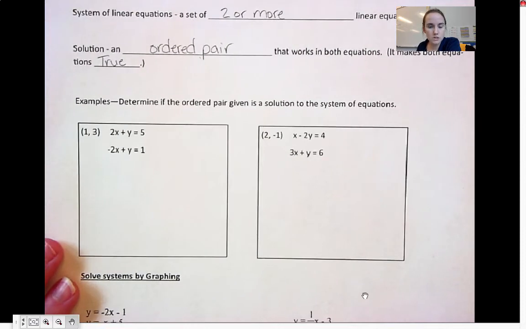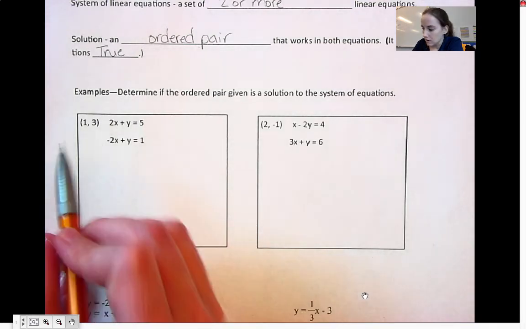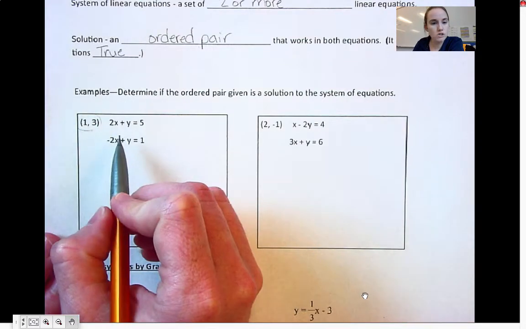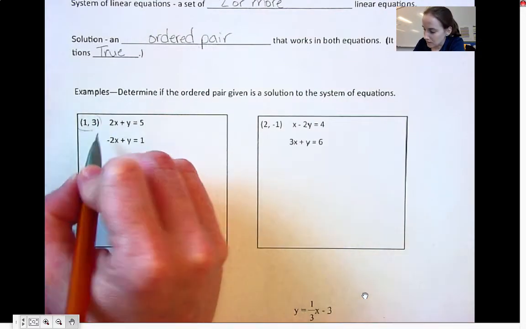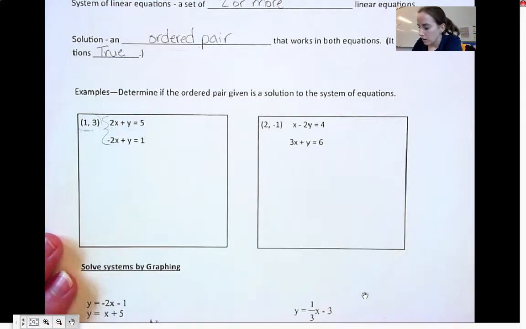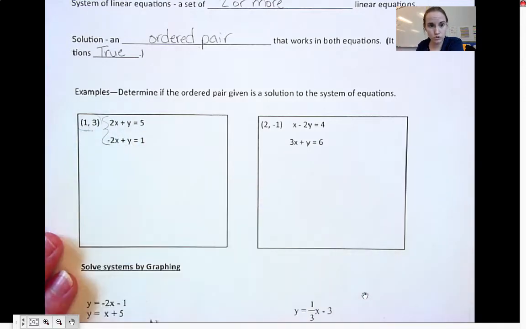Okay, so first let's talk about whether or not the point that's given is a solution. If you are asked if this point is a solution to the system, it means this point would have to make both of these equations true. All you do is plug it in.